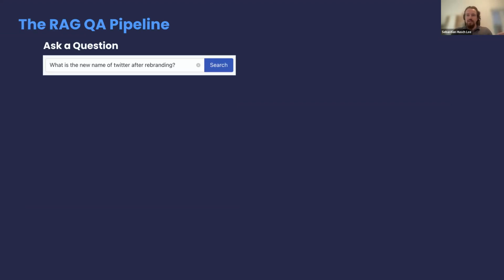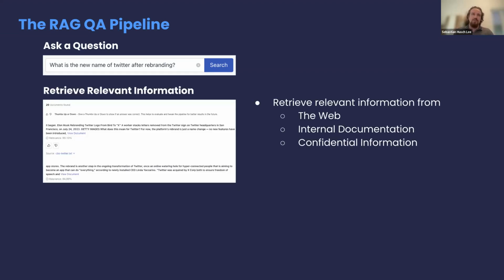So to peel back the layers a little bit, I'd first like to start with the steps in this process. Of course, you ask your question. After that, we have the retrieving of relevant information. This is where the retrieval augmentation comes in. In this case, we have ingested a couple of news articles in our platform, and this part of the pipeline retrieves those articles that will then be fed to our generative model.